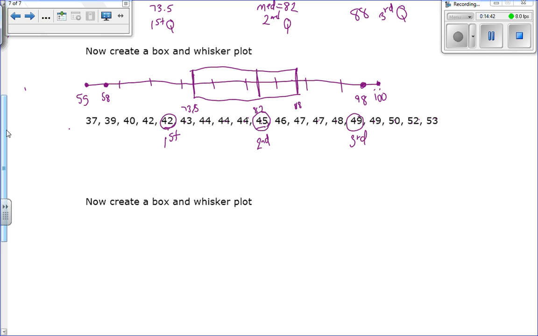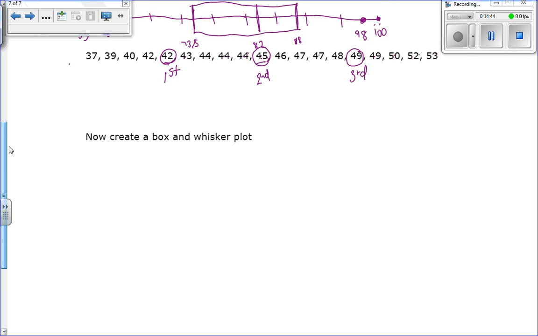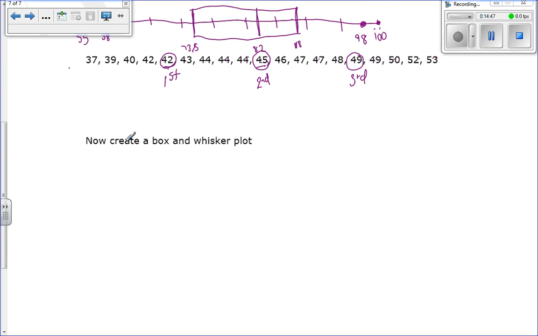And then create a box and whisker plot from that information. Again, this time I'm only going to go from like 35 to 55. That's 35. Here's 40, 45, 50, 55.